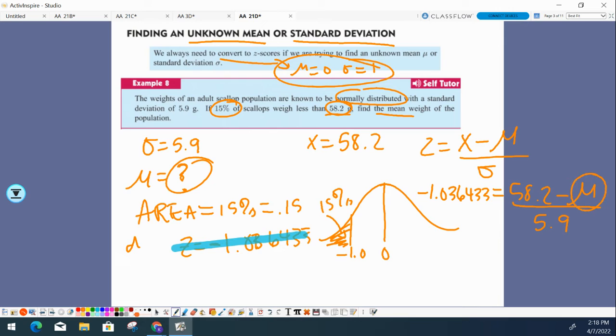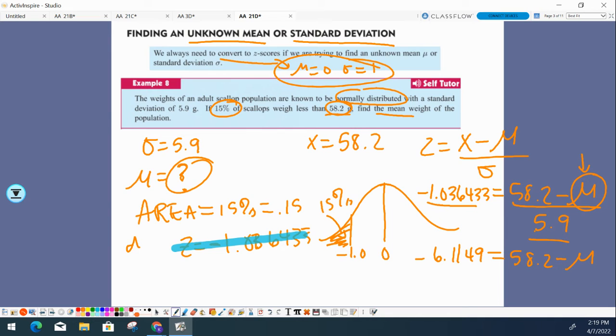Now we just solve this equation for mu. So since this is already in your calculator, to get mu by itself, we just need to multiply both sides by the 5.9. So take your answer times 5.9, which is negative 6.114, and I just kind of write a few of those numbers down, equals 58.2 minus mu.